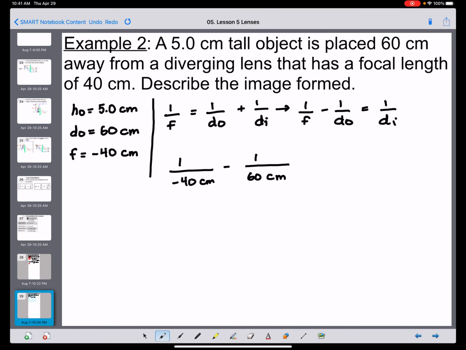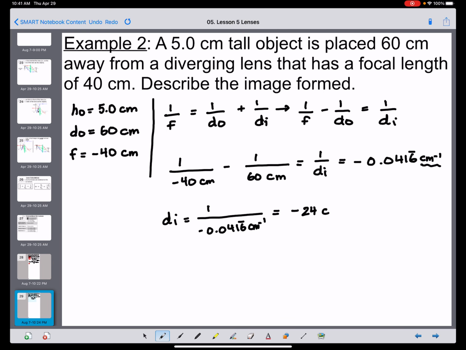And that gives 1 over DI, which is negative 0.0416 repeating. Since this is 1 over DI, the units are centimeters inversed. So DI is 1 over negative 0.0416 centimeters inversed, which gives negative 24 centimeters.